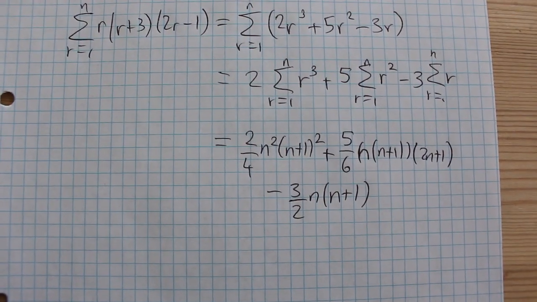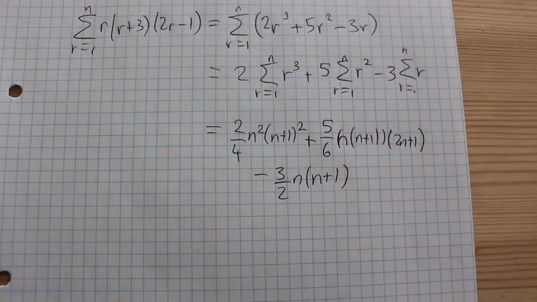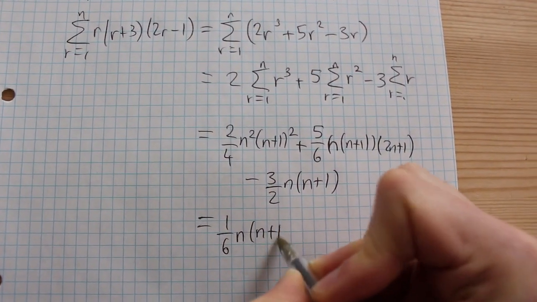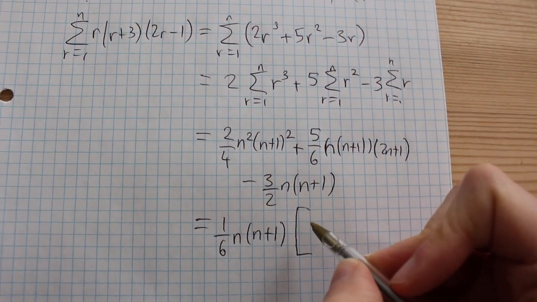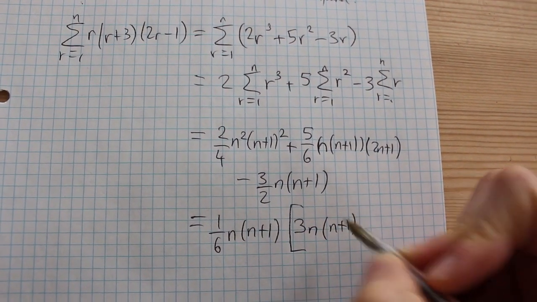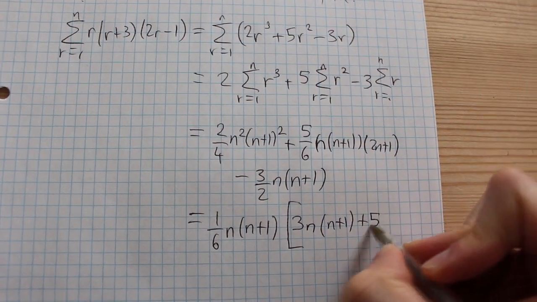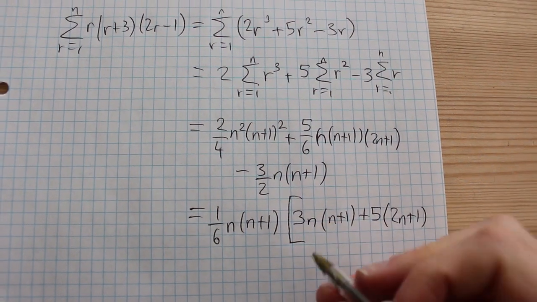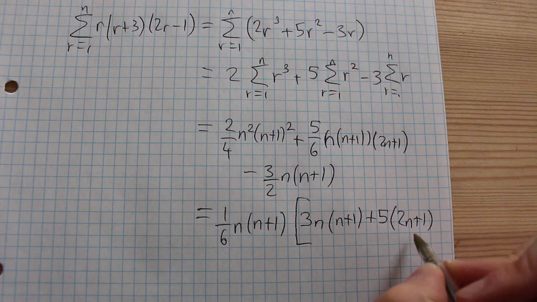And then we need to factorize this. We want to show it's equal to this. So notice again the common factor is 1/6 n plus 1. And then what do we need to multiply that by? We need 3n squared plus 3n to give us this term. And then we need 5 lots of 2n plus 1 to give us the middle term. And lastly, we need to subtract 9.